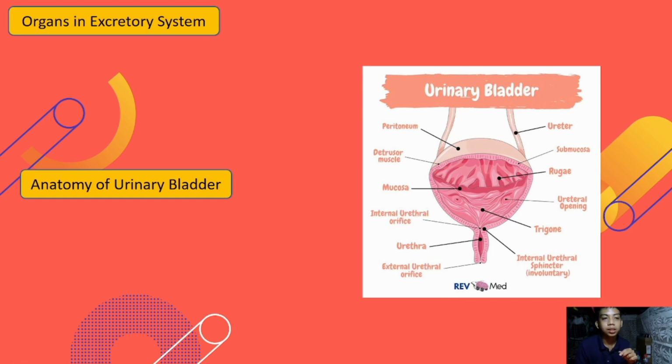Next organ in the excretory system is the urinary bladder. So this is the anatomy of the urinary bladder.